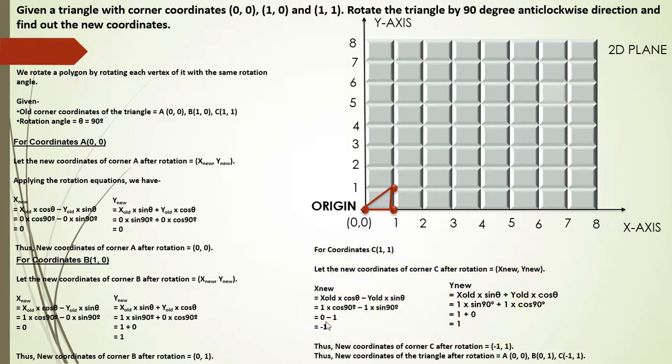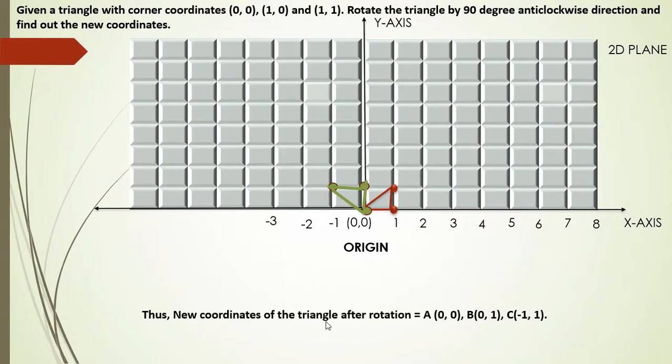So for the triangle, we have the new coordinates after rotation: A 0, 0, B 0, 1 and C minus 1, 1. Let us see how it gets rotated with the new values. Here are the previous values which we placed here, that is 0, 0, 1, 0 and 1, 1.